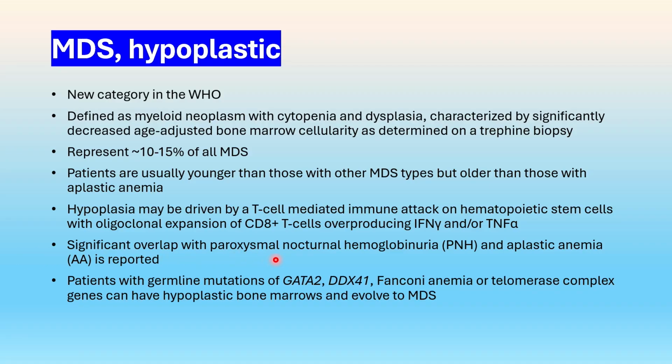And there is also overlap with paroxysmal nocturnal hemoglobinuria and aplastic anemia. I think it gets a little bit more confusing because, as we know, patients with germline mutations can have hypoplastic bone marrows at baseline, and they would be in this category as well because it's hypoplastic. But in this case, this is not immune mediated, it's a completely different mechanism.